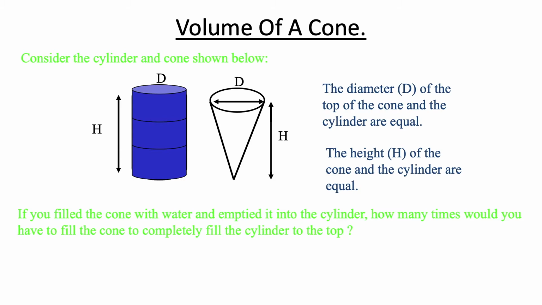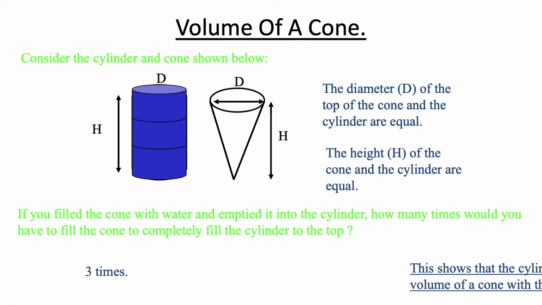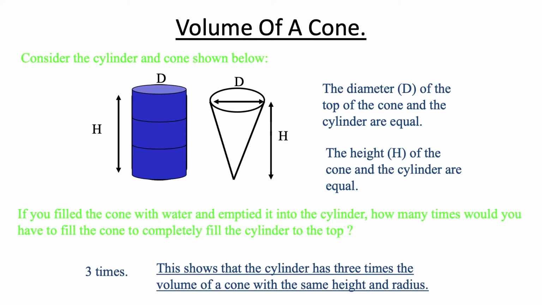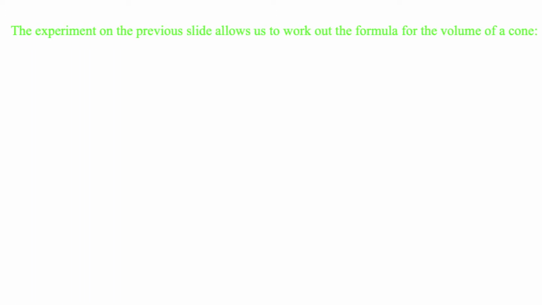That already says if you were to calculate the volume of a cone, somewhere it will need to have 1/3 as part of the formula. Because it goes 3 times, it's 1/3 the cylinder. This shows that the cylinder has 3 times the volume of a cone with the same height and radius.